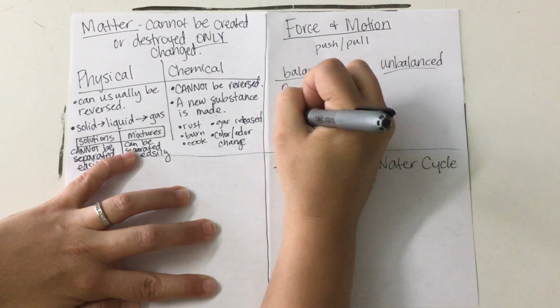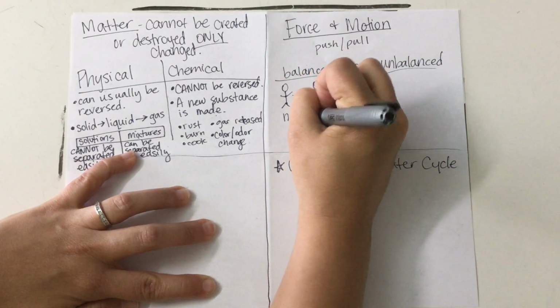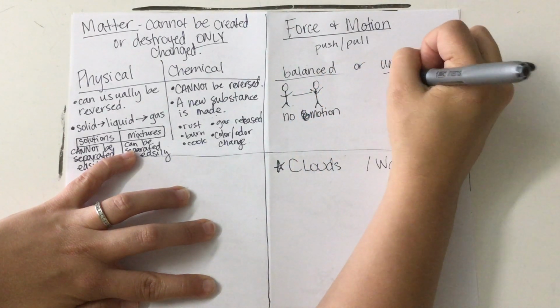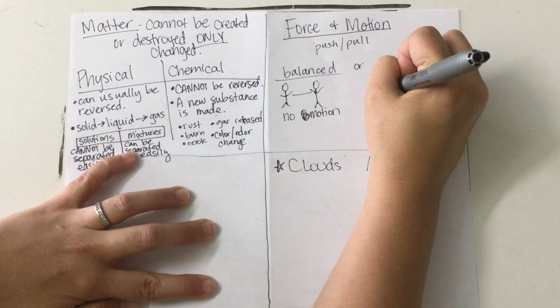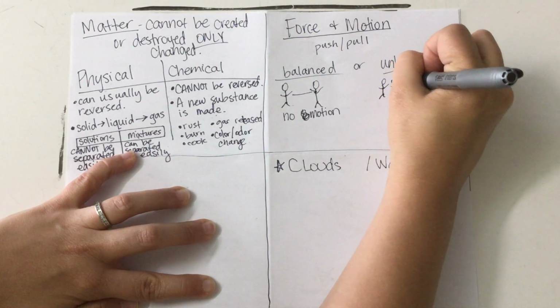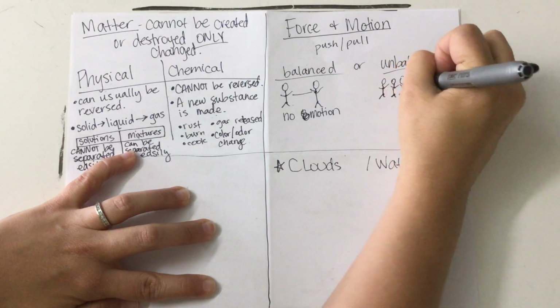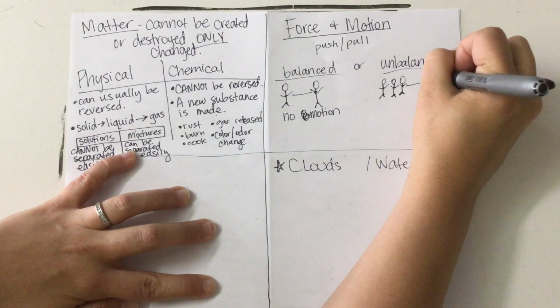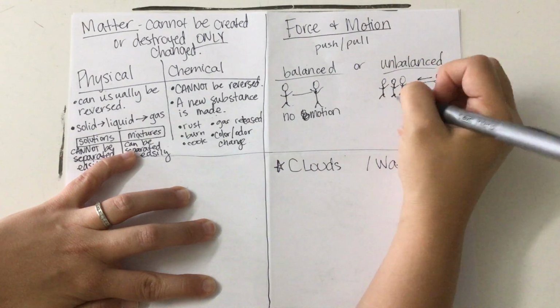That would be balanced. There would be no motion there. Woo! No motion. Unbalanced force would be three friends ganging up on one friend and pulling the rope, causing the friend with less force to be moved in the direction of more force.